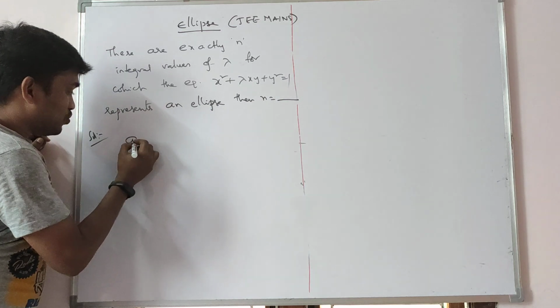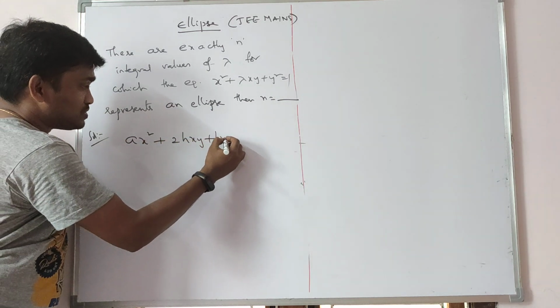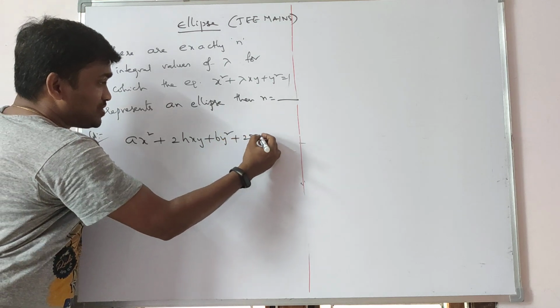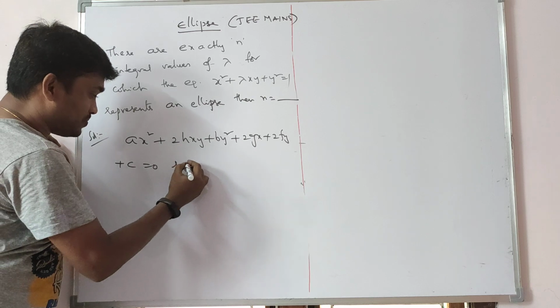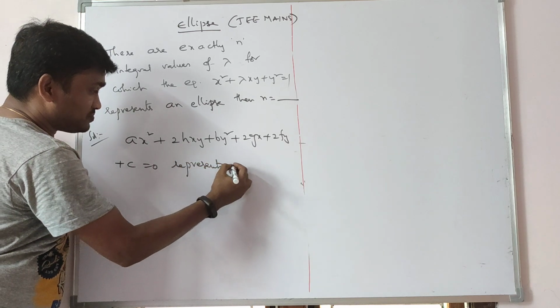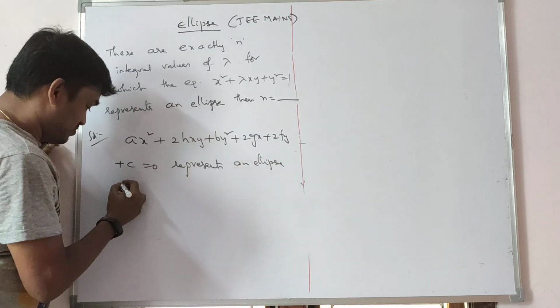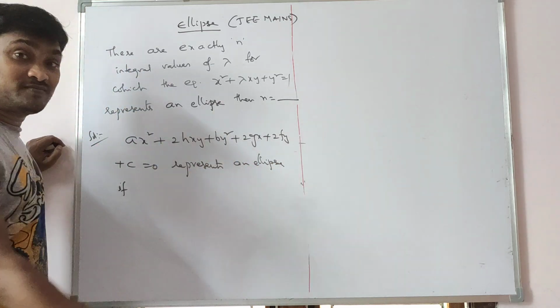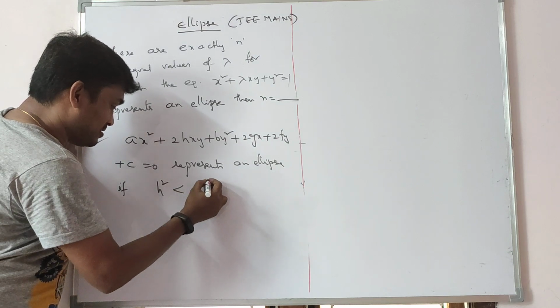Second degree equation means: ax square plus 2hxy plus by square plus 2gx plus 2fy plus c is equal to 0 represents an ellipse. What is the condition? h square is less than ab.